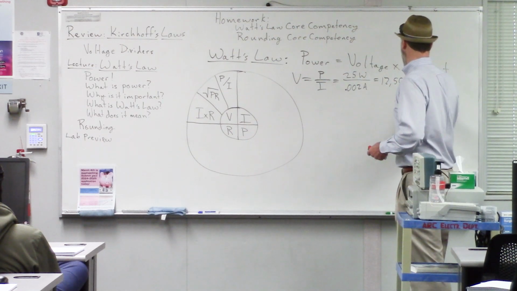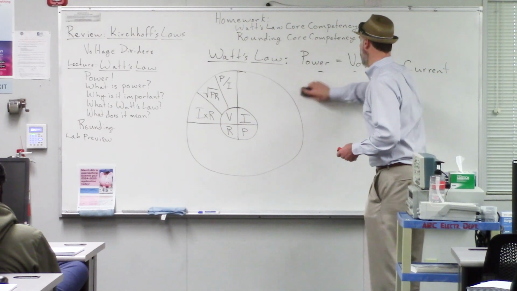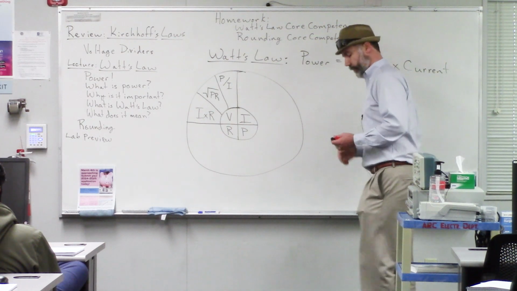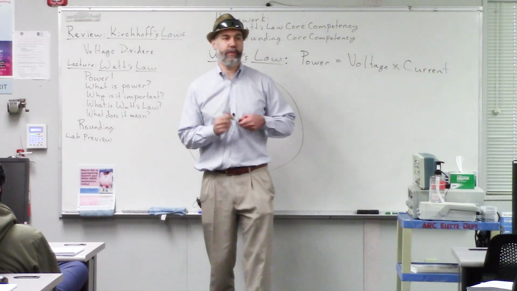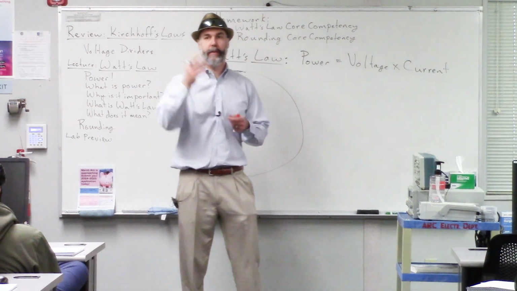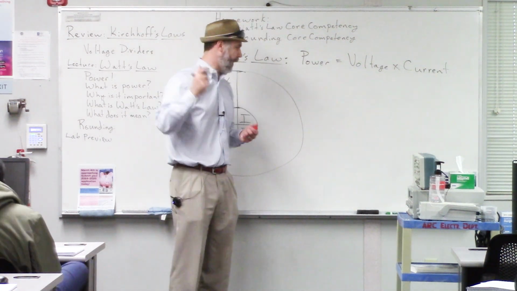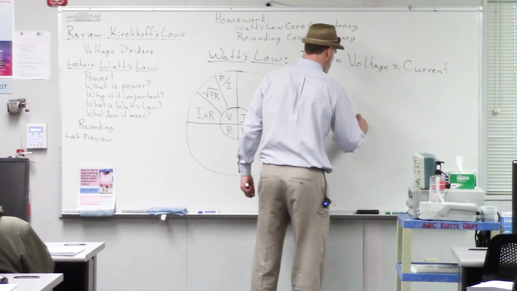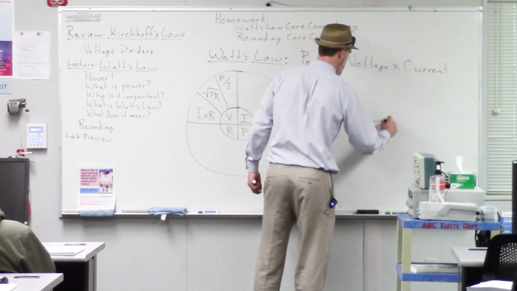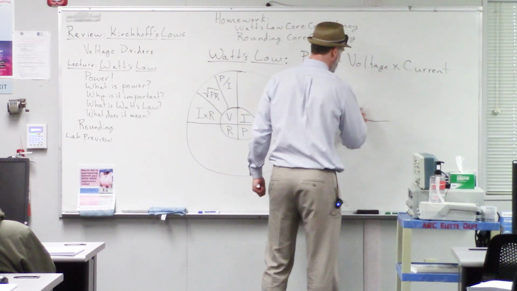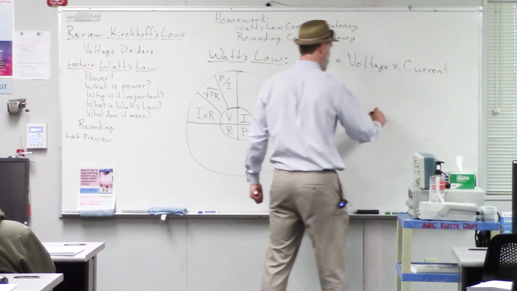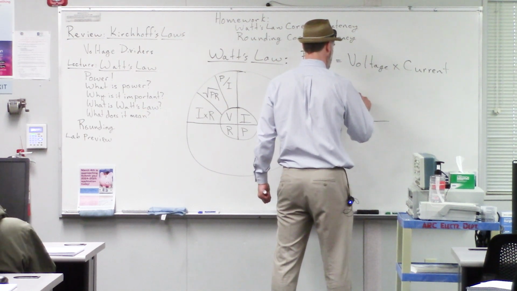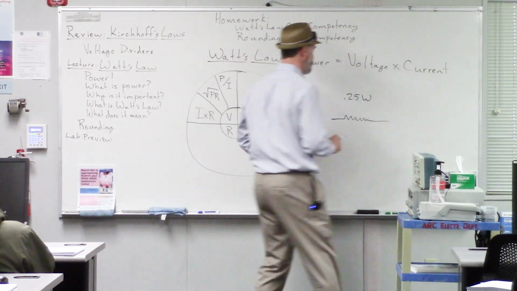Another thing we might want to look at is some of those resistors we have in the bins back there. Most of those resistors are quarter watt resistors, so they can handle 0.25 watts, okay?